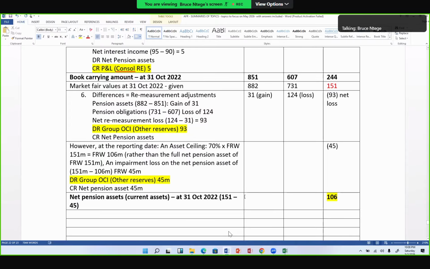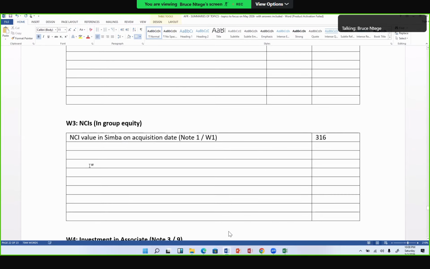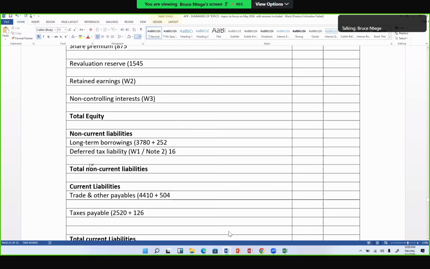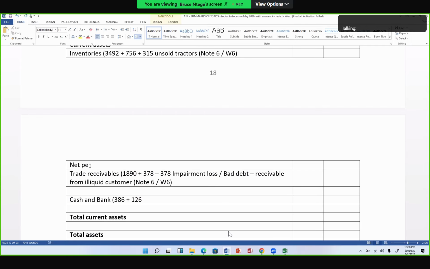I want to take it to the current assets, so I'll keep leaving lines in there. One of the lines here, I'll say defined net pension asset, which is coming from my working 7 and my note 7. And I have a 106. I can put it here actually.